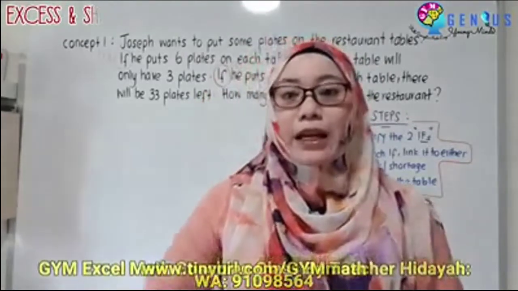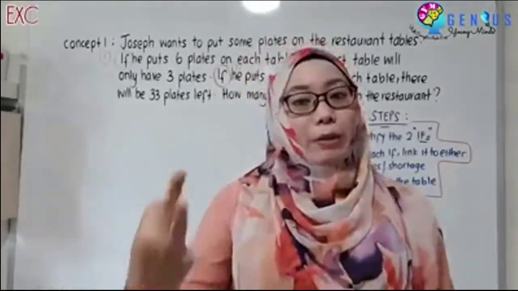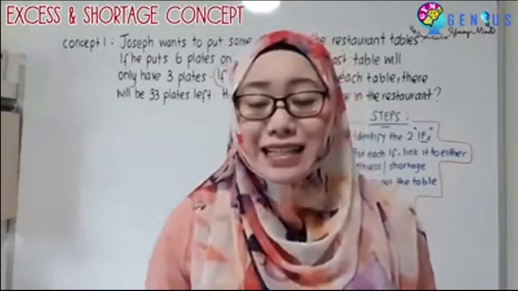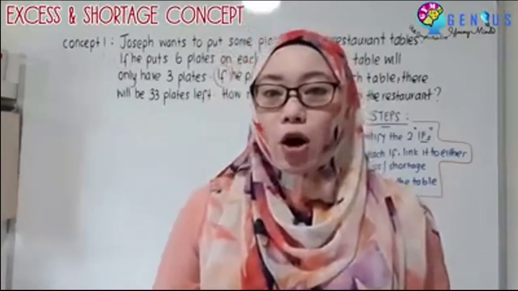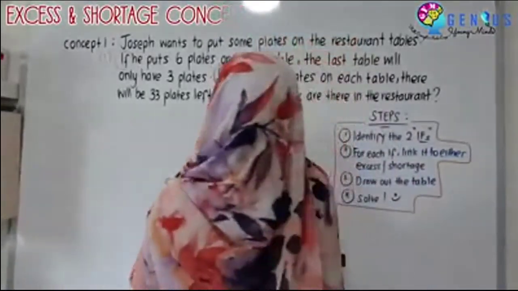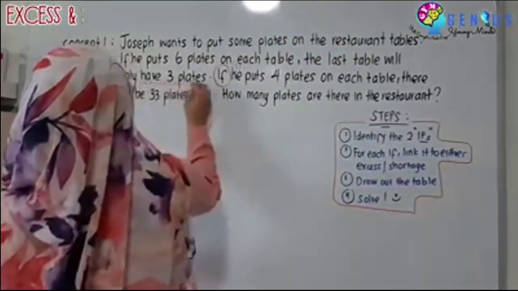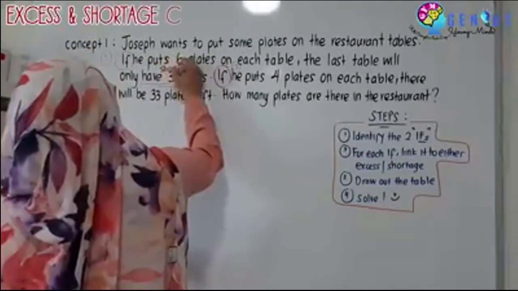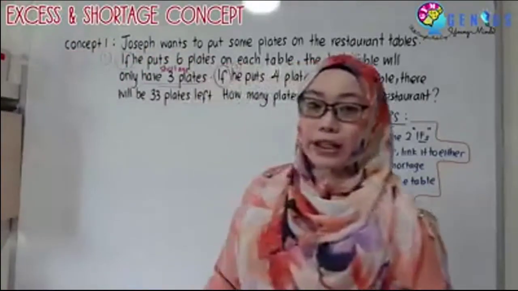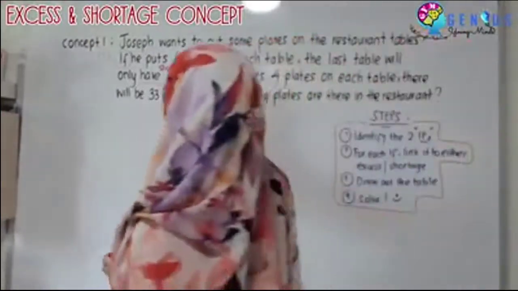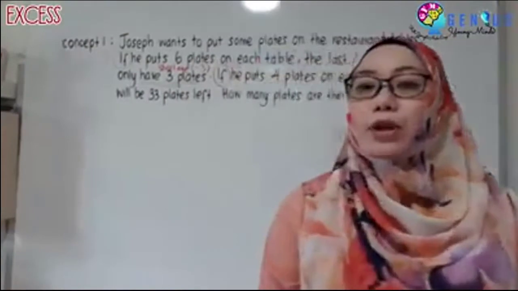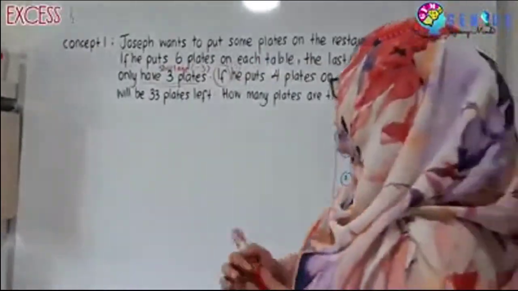You get me? The last table only has 3 plates, but I want to put 6 plates on each table, which means the last table is short of 3 plates. So this one here is actually a shortage, and when I say shortage, it is minus 3. So I just put all the information there first. Now this is for the first if.